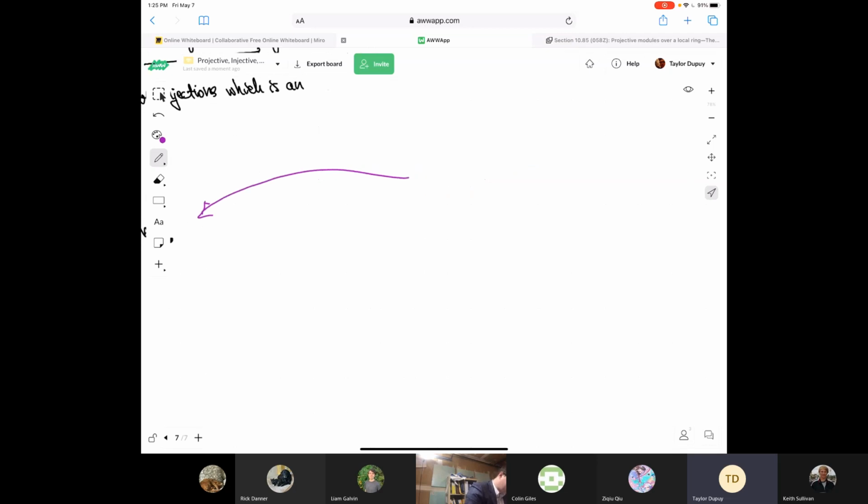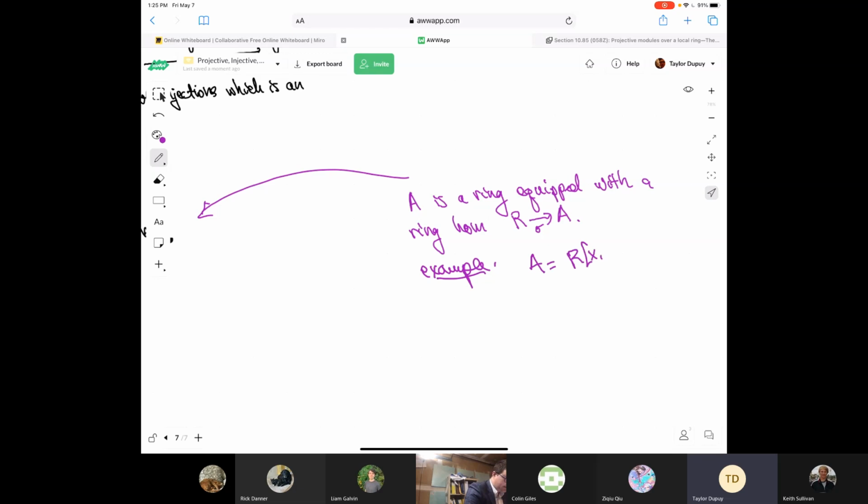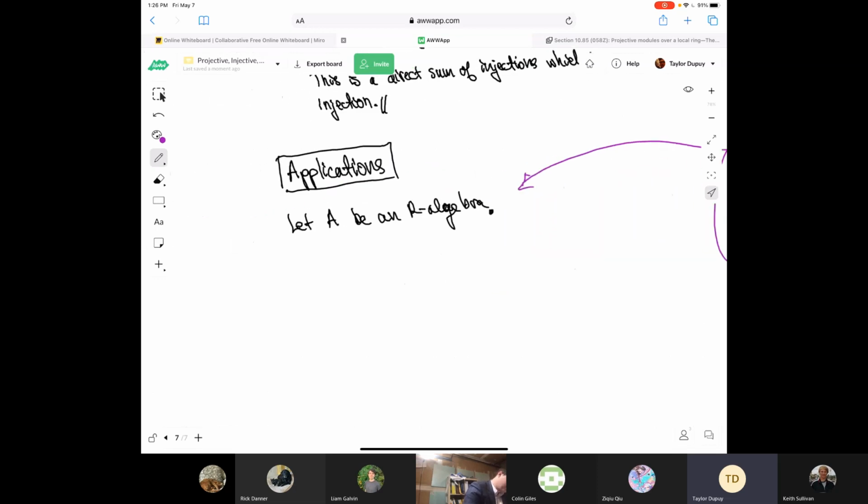Again, just as a reminder, that means A is a ring equipped with a ring homomorphism R to A. And the main example that you want to think about is A looks like R adjoin some variables mod an ideal. Okay, so that's what it means to be an R algebra.